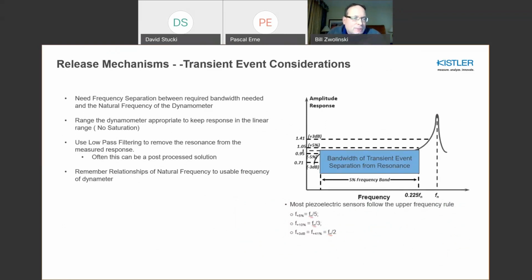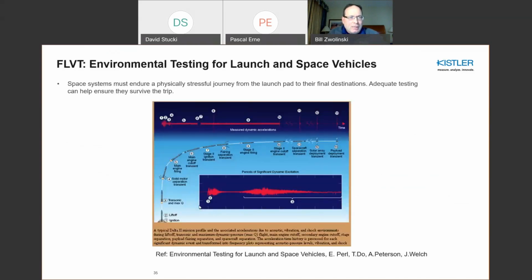So you really want some separation. Transient events will put added demands on your force measurement system, where you need to have separation between the event itself and the bandwidth, or the resonance, of the system.